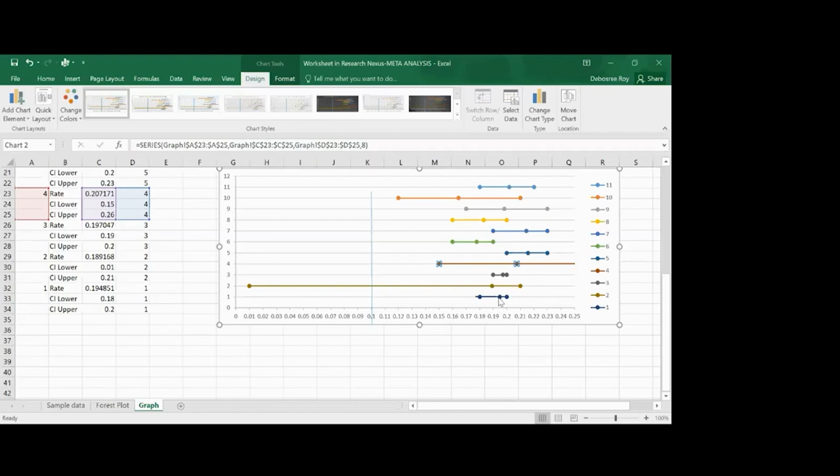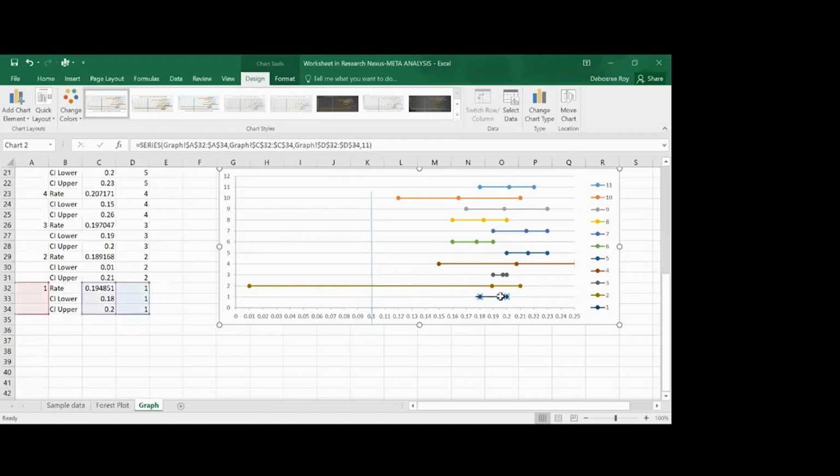Now, this is the overall estimate, which shows that the effect was 0.19. The effect was small, but the confidence interval is very tight, so it's statistically significant. As to the other studies, for example, study number 2 has a very wide confidence interval, so it does not provide very good evidence. But most of these studies provide pretty decent evidence.